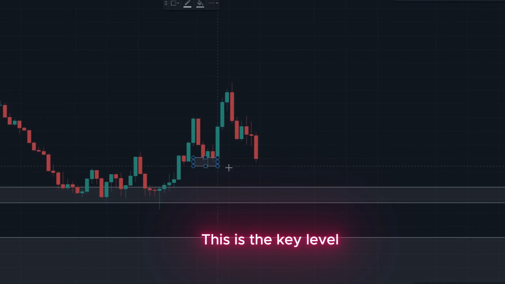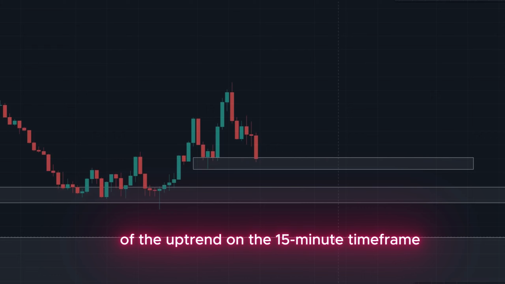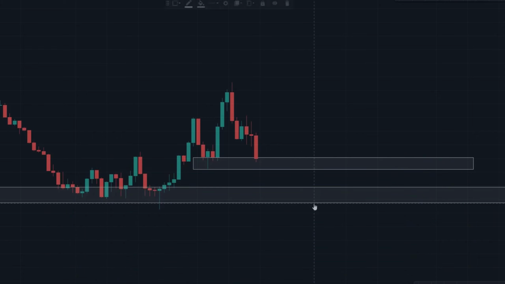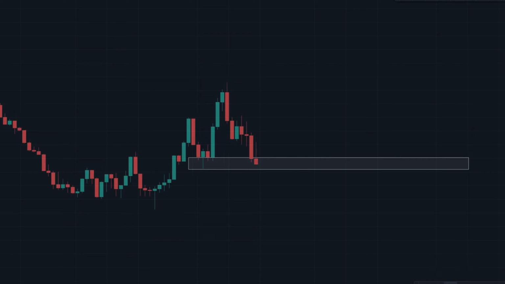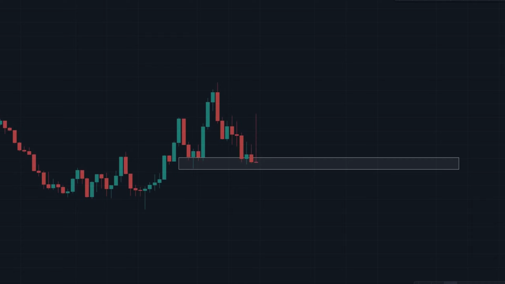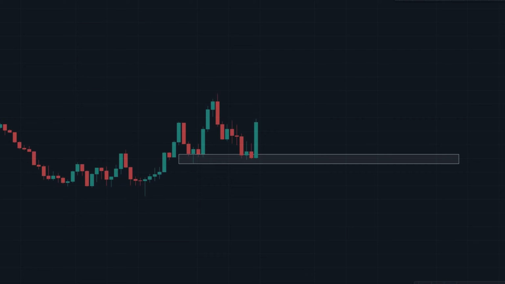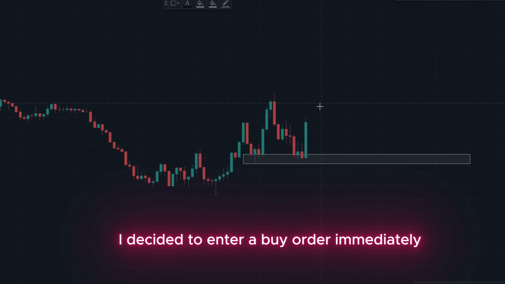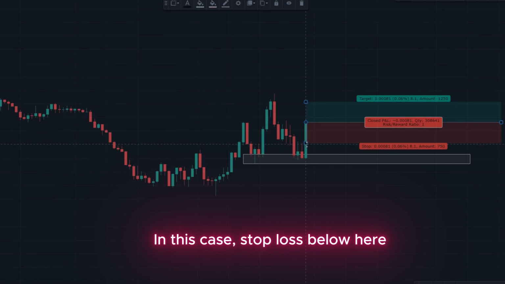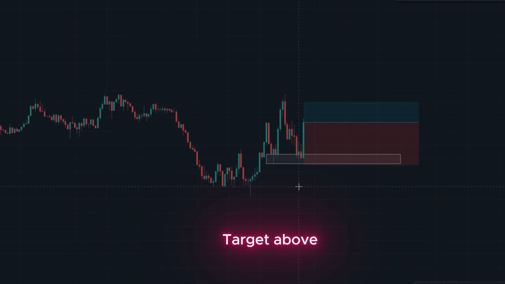This is the key level of the uptrend on the 15-minute time frame. It hesitated very well. The price bounced strongly like this. I decided to enter a buy order immediately. In this case, stop loss below here. Target above.